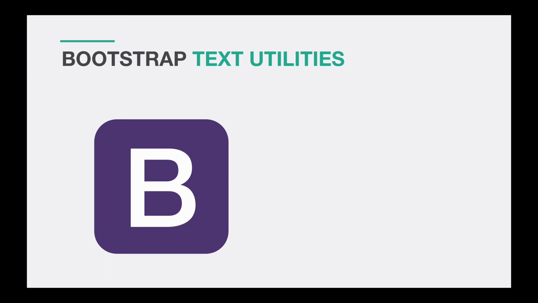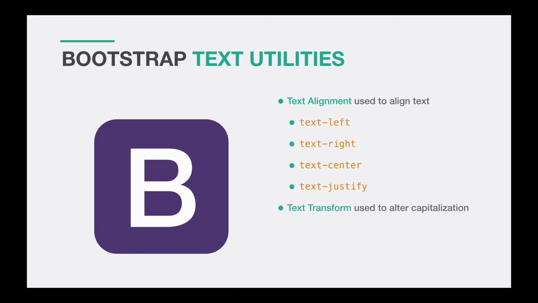So that was the basic overview of typography. Now there are text utilities. These are specialized classes which allow us to customize our text. So we can align text using the text alignment classes. So we have text left, text right, center, and justify. Okay, so we can align our text. We can transform our text. So transforming is changing its casing. So we can do uppercase, lowercase, and capitalize.